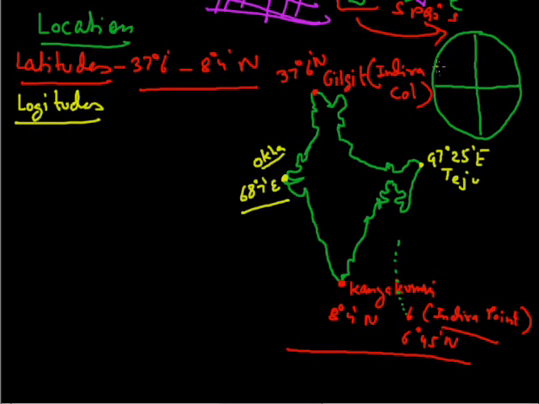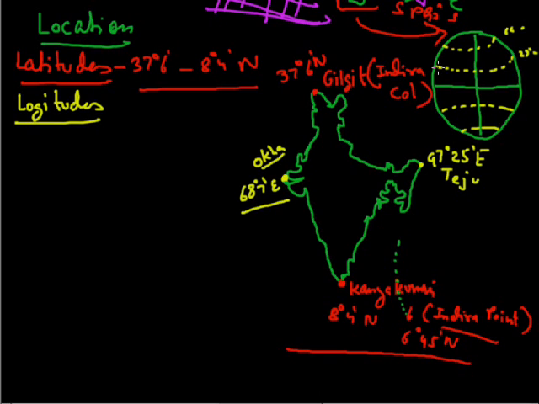One more thing is that we divide our Earth into climatic zones. This is the Tropic of Cancer at 23.5 degrees, 66.5 degrees is the Arctic circle, and this is the Tropic of Capricorn, 23.5 degrees south, and this is the Antarctic circle.